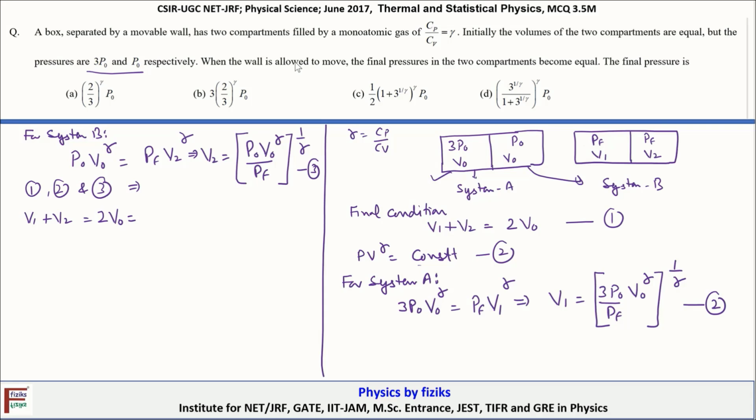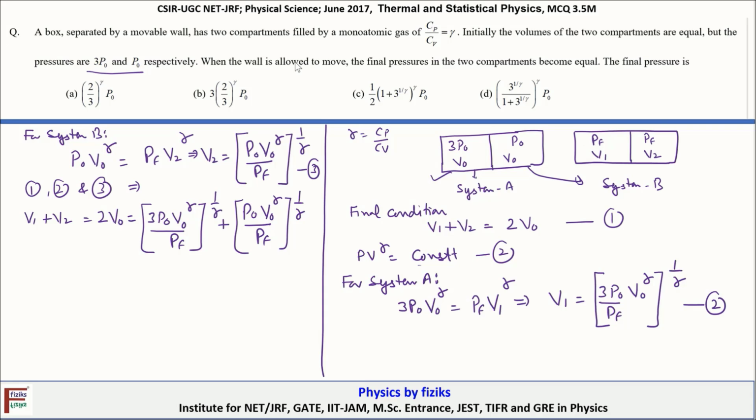So this will be equal to 3P0 V0 power gamma divided by Pf and its power 1 by gamma, that is V1, plus, for V2 from equation 3, P0 V0 power gamma divided by Pf and its power 1 by gamma.